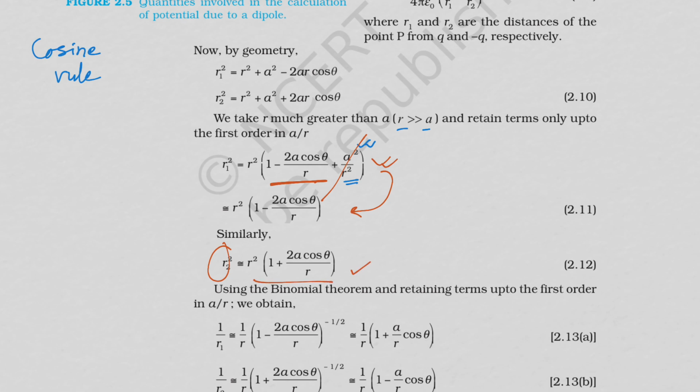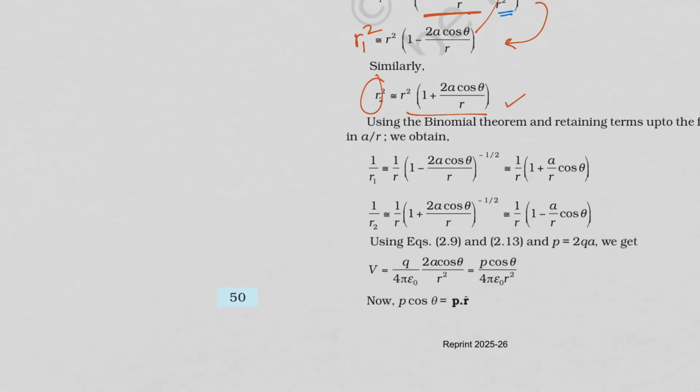So now we have r1 square equal to r square times the bracket 1 minus 2a cos theta by r, and for r2 square it is r square times the bracket 1 plus 2a cos theta by r. And the next step is we take the under root on both sides.